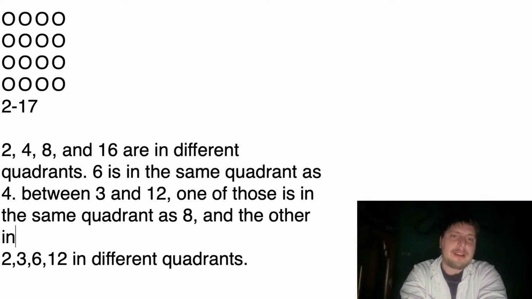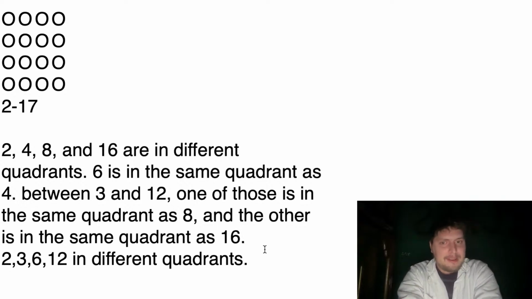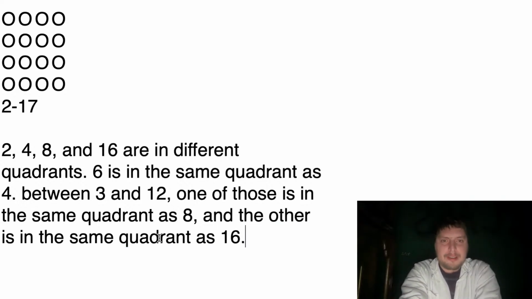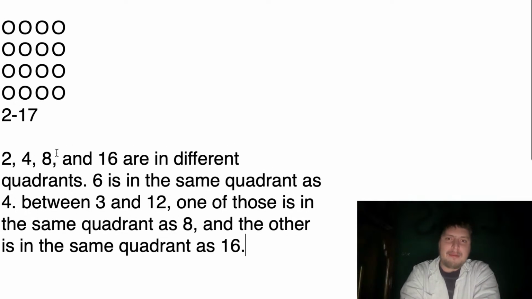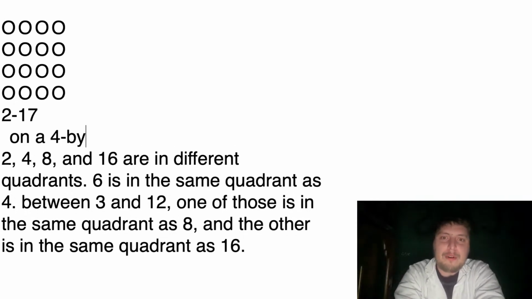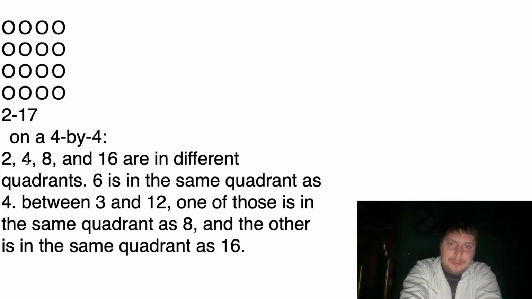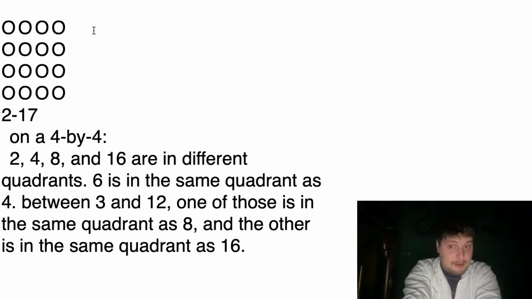And the other is in the same quadrant as 16. That gets rid of that description and includes it. So that we would know on a 4x4 that they have these different quadrants going on.